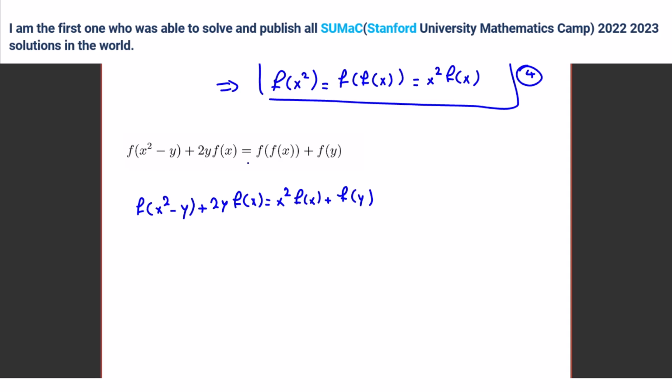So, we know f of something is what, right? When we know f of something, for example, if we write 3f of x, we can say it is equal to what? It's x squared.